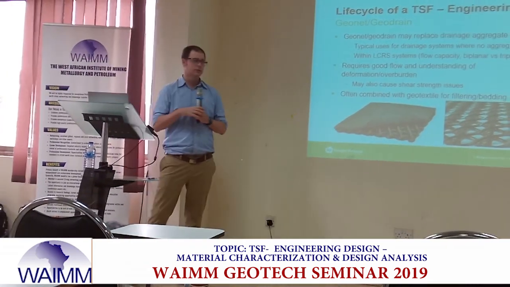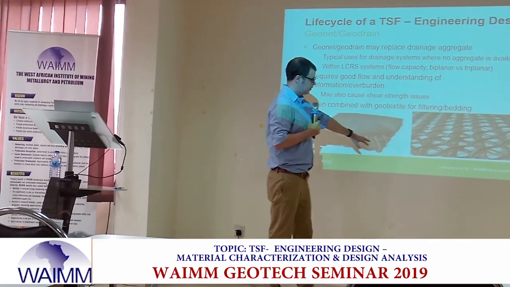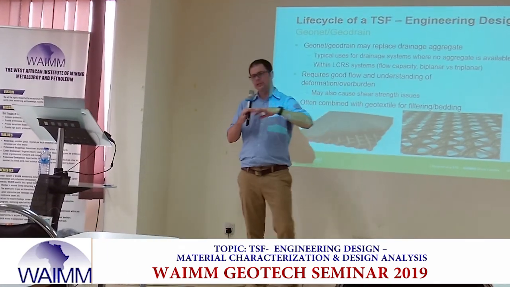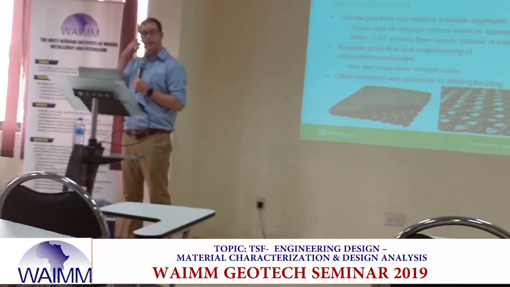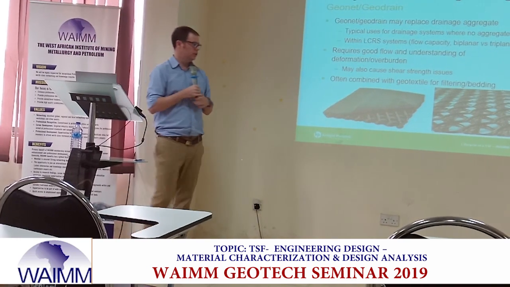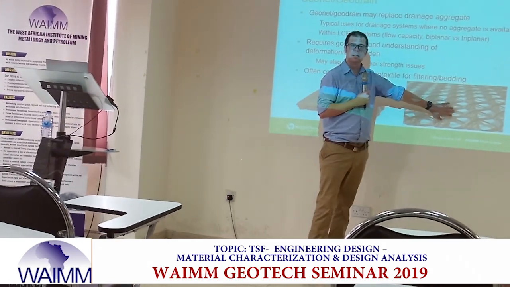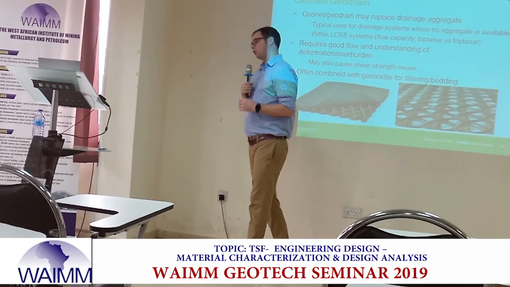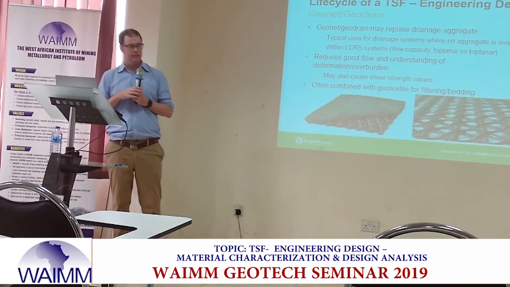Geonets, geodrains. This is typically a fabric that sits over top of a woven, basically an interlaced plastic that can be used to pull water. And so these might be used in instances where we don't have drainage aggregate available to us, although they do have a tendency to crush under load, so you would want to put it at the bottom of, say, a big facility.